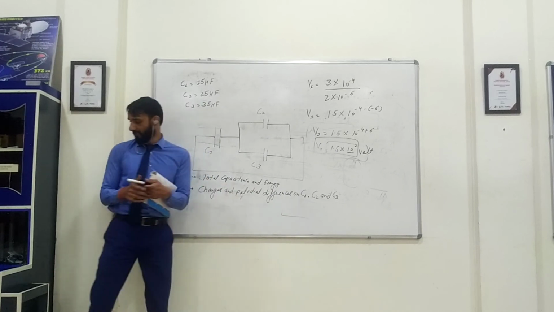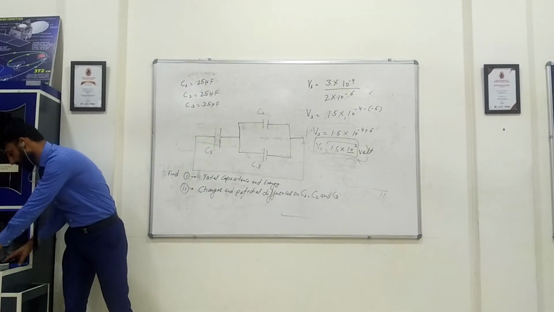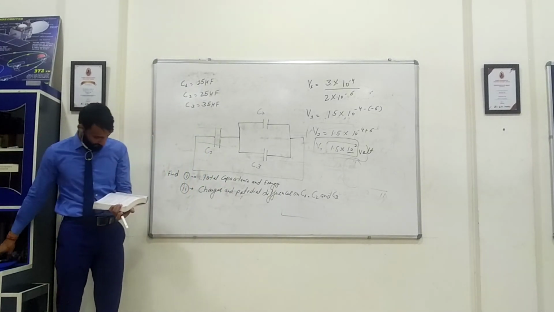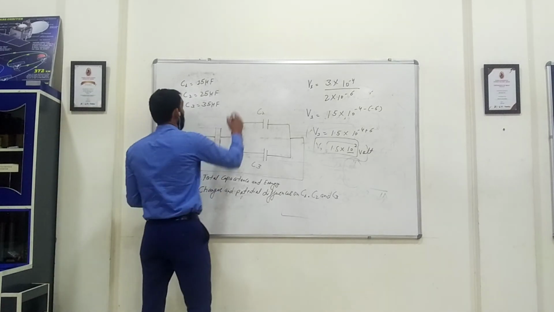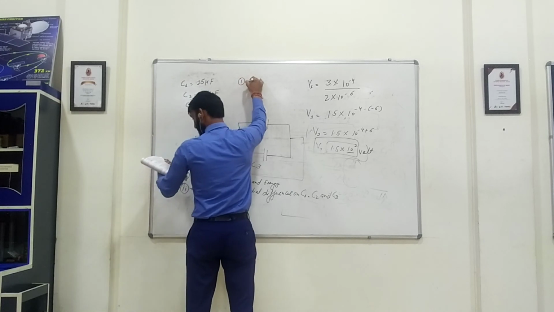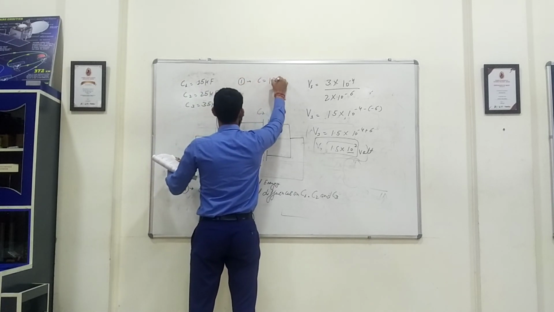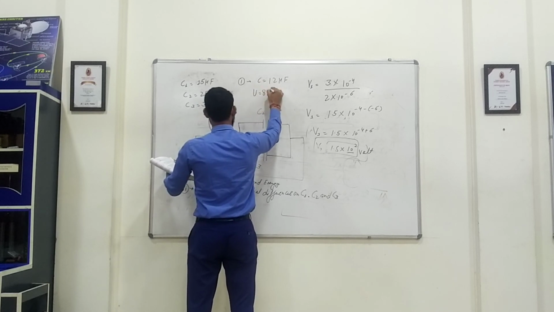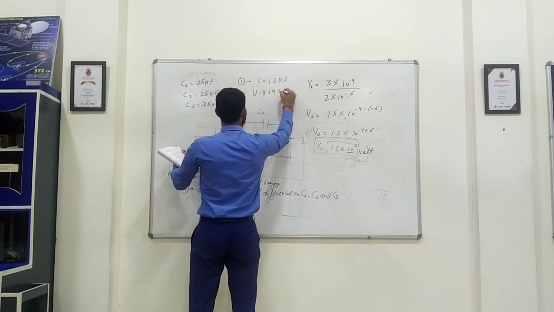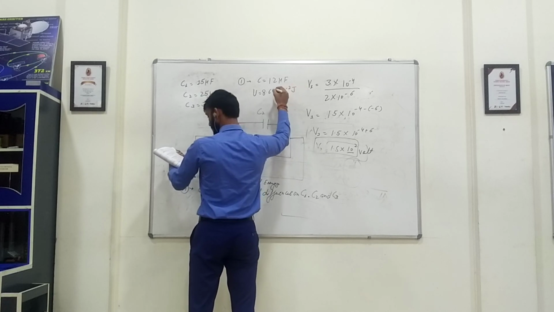So these things you have to calculate. I'll give you the answers. First part, total capacitance answer is 12 microfarad. Energy is 8.64 into 10 to the power minus 2 joule.